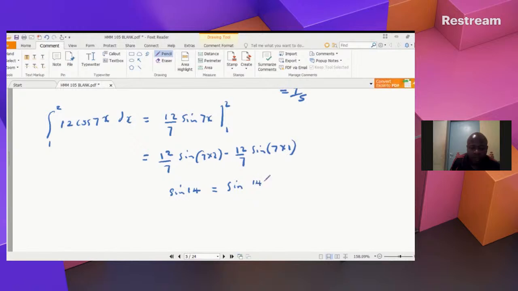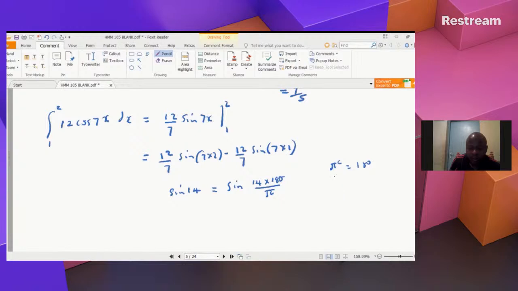So what does that mean? It is the sine of 14 times 180 divided by pi, because 1 pi radian is 180. What about 14 radians?